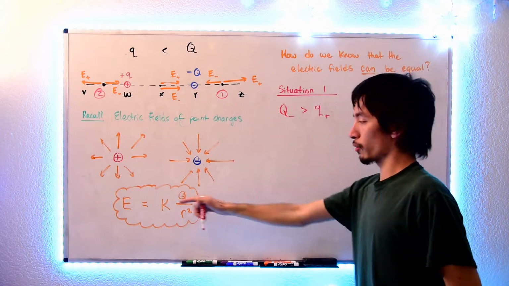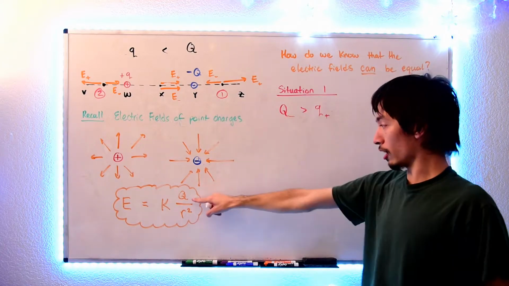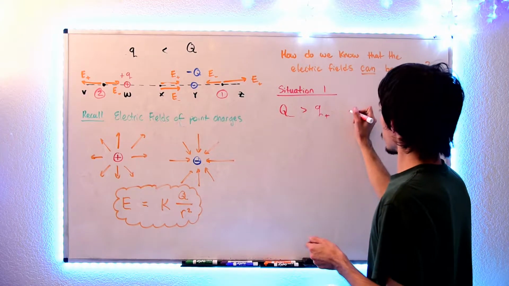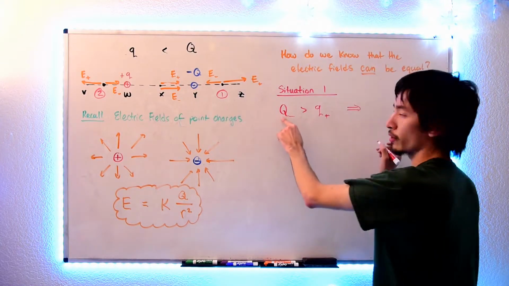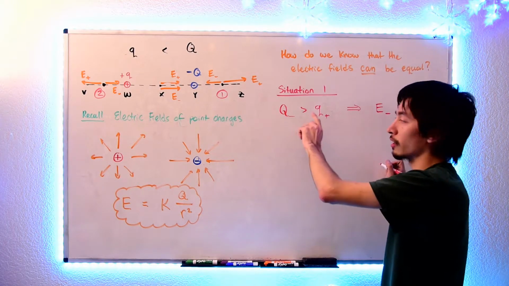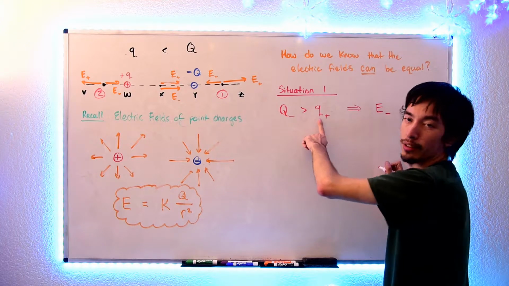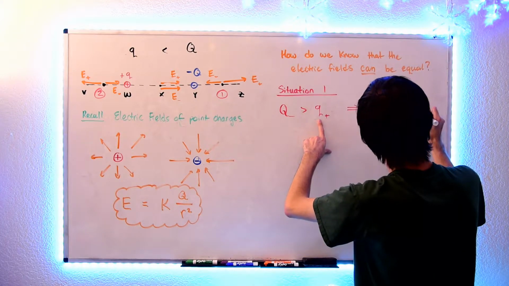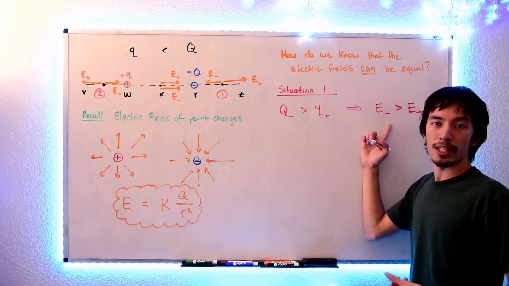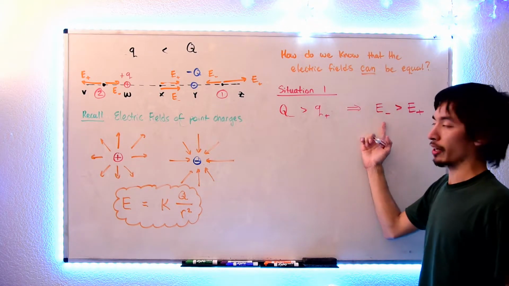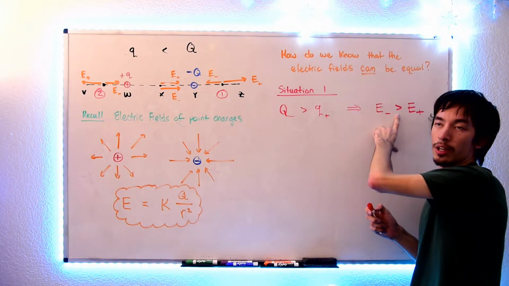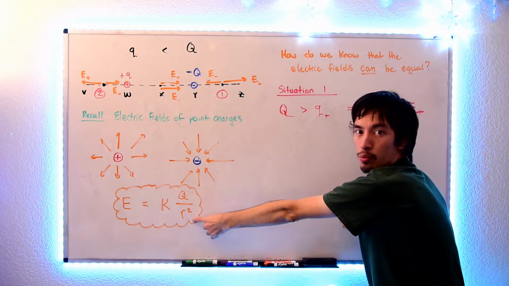So what this means for the electric field is, if the charge is larger in the numerator, it makes the electric field larger. So this statement right here tells us that the electric field from the negative charge should be larger than the electric field from the positive charge. Okay. This is our first statement about what the size of the electric field could possibly be. Now, with this statement alone, it doesn't tell you if it's equal or not. We're going to have to ask what happens to the distance as well.